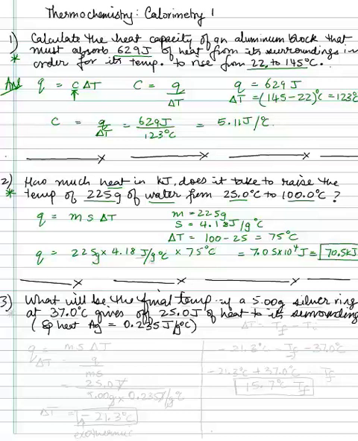Depending on if the question is asking for kilojoules, give it in kilojoules. You can always cross out your units to make sure that you have the right units. And remember, whenever you're using specific heat and you're given joules, make sure that everything else is also in the correct units. Here also grams, then this should also be grams. So keep your units in mind, always.